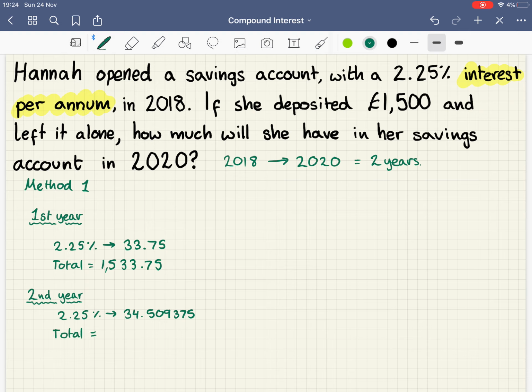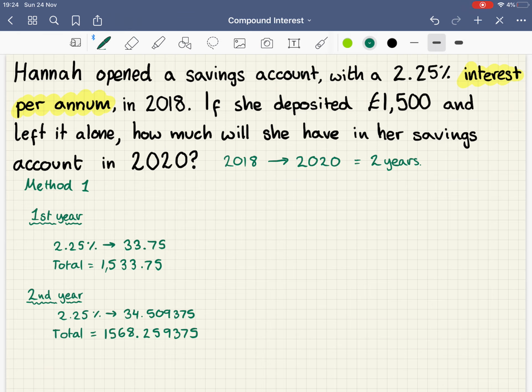Adding it on for your new total to give you £1,568.259375. So to read back through the question now, this time it is not asking me to round to a significant figure.